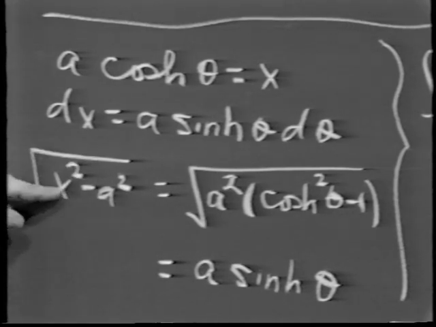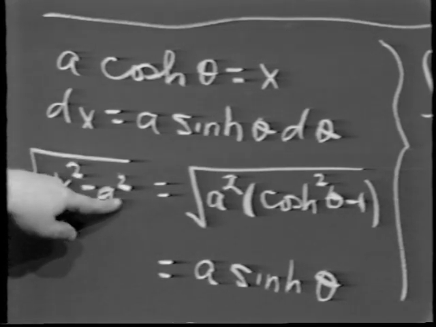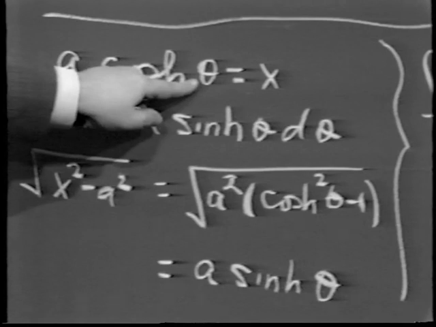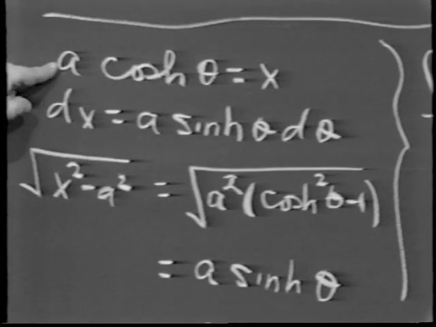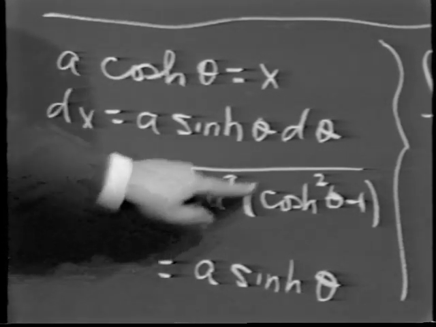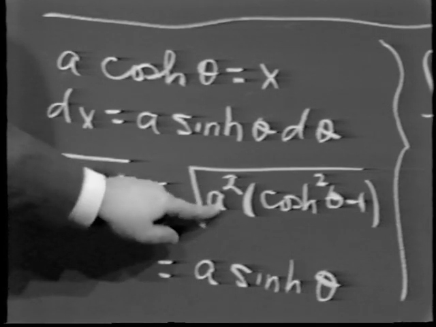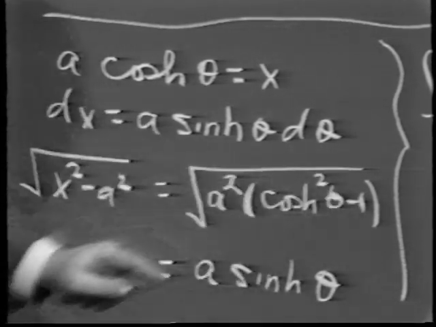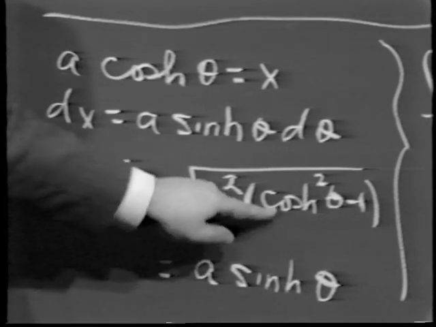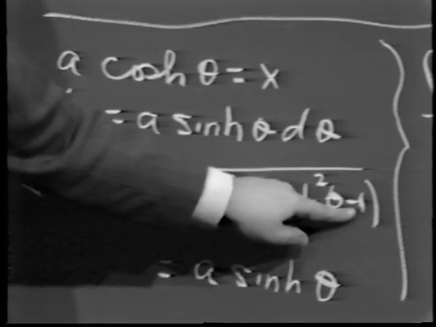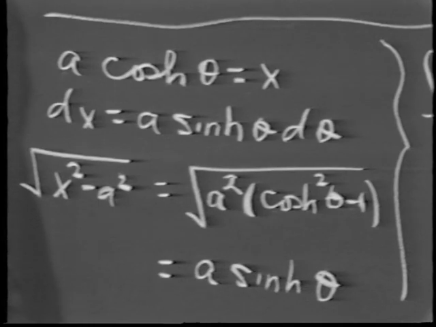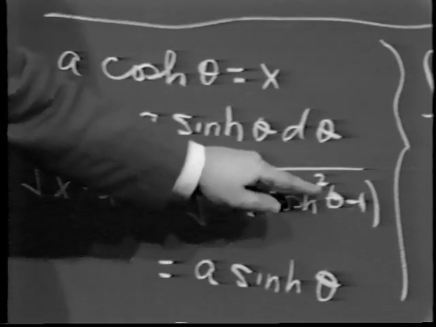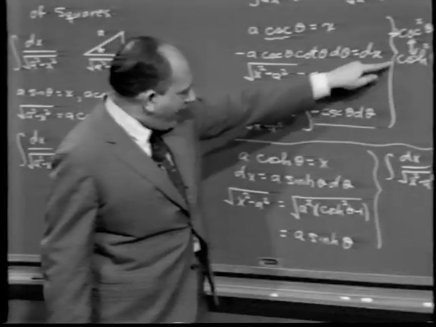The square root of x squared minus a squared is the square root of a squared cosh squared theta, that's x squared, minus a squared. That can be written as the square root of a squared times the quantity cosh squared theta minus 1. Now the interesting point is that cosh squared theta minus 1 turns out to be sinh squared theta. In fact, if we look back here for a moment, recall that's exactly what we have over here.